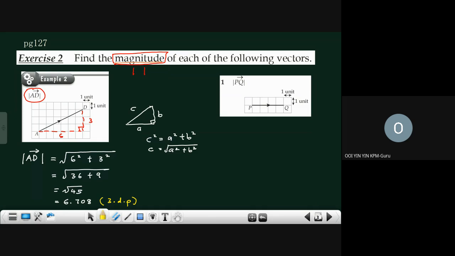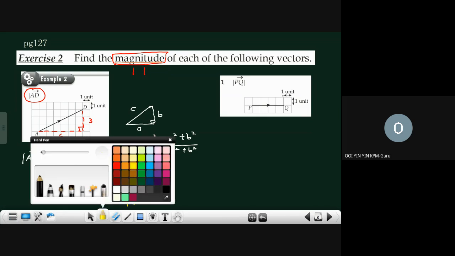Then okay lah. In that case, because you don't have the third decimal place, we just write your answer up to 2. But if there's a continuous decimal point at the back there, please give at least 3. 3, actually 3 enough. Exactly 3. Okay, so this is how you find your magnitude for AD.